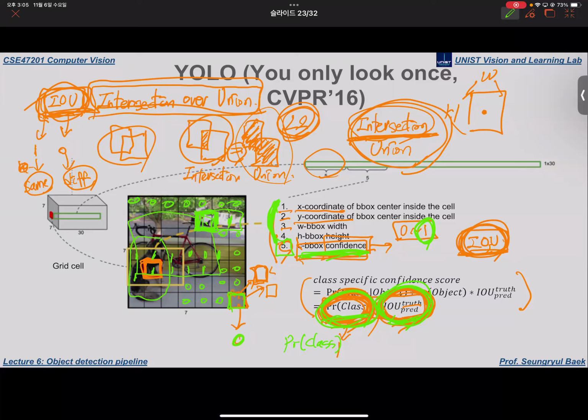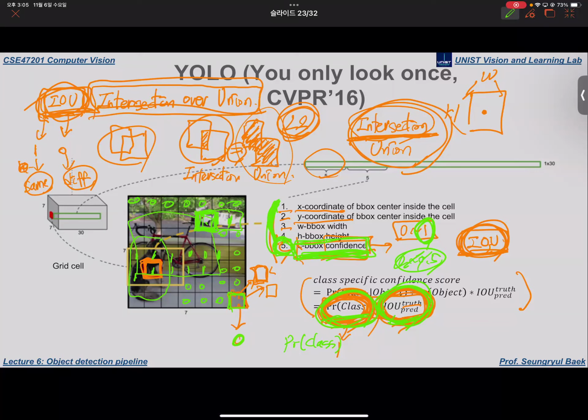If the bounding box is different from the ground truth, it may have some value from 0 to maybe 0.5. Anyways, this fifth value is estimating the confidence, or some accuracy, of the bounding box. It is estimated during inference time. This fifth value is a bit not intuitive, but I hope you can understand it as well.